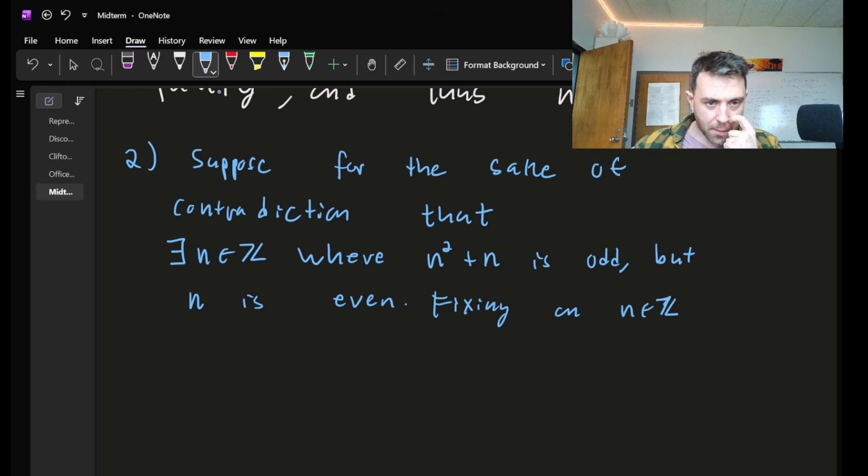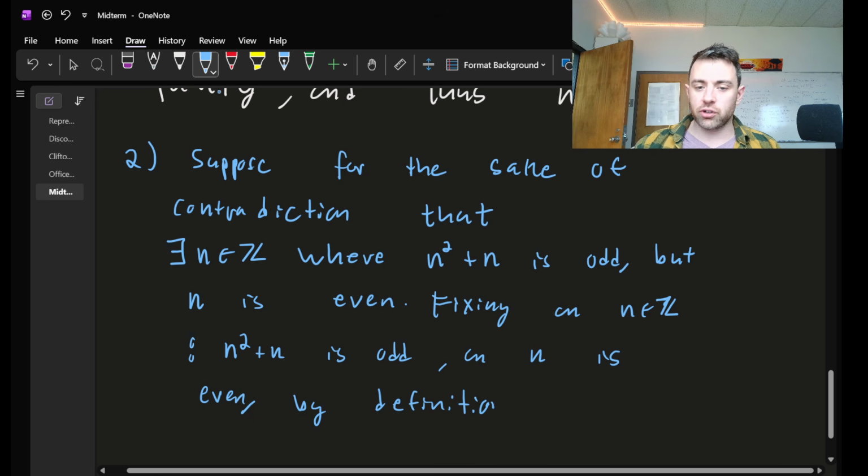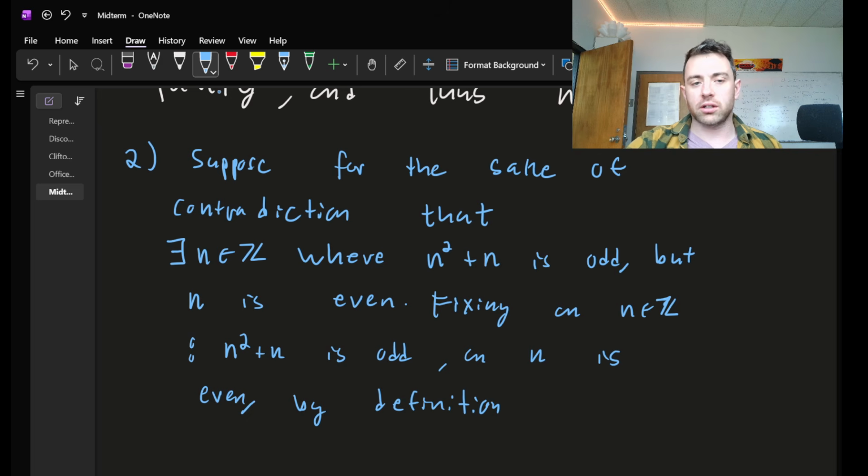We could call it m, just to say, so fixing an m or choosing an n such that n squared is odd and n is even by definition. And now we just do the exact same proof as above. By definition, we can say something about n, yada, yada, yada.